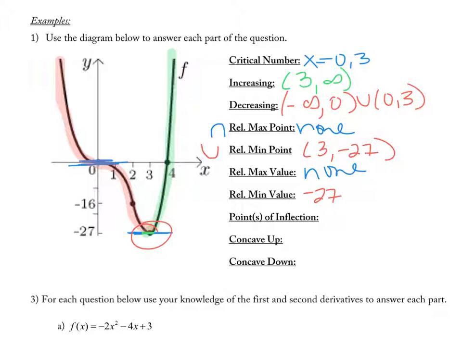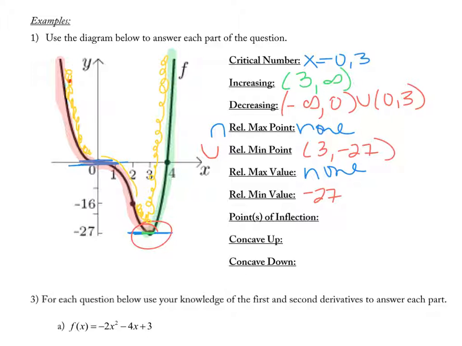Okay, then the last thing we need to do is the point of inflection. That's where it changes concavity. So here we are concave up, and then we switch to concave down, then concave up. Okay, so we changed concavity twice.